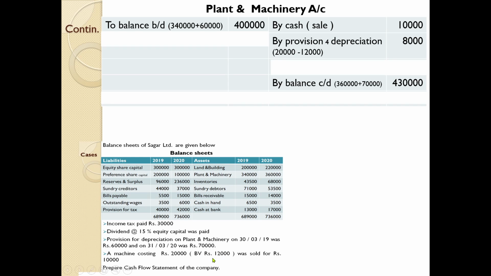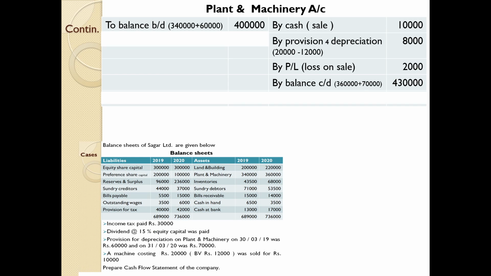So the difference between these two amounts represents depreciation. So we got the provision for depreciation 8,000. And regarding the sale, definitely there will be profit or loss. Here the book value is 12,000, it was sold for 10,000, so a loss on sale of 2,000.